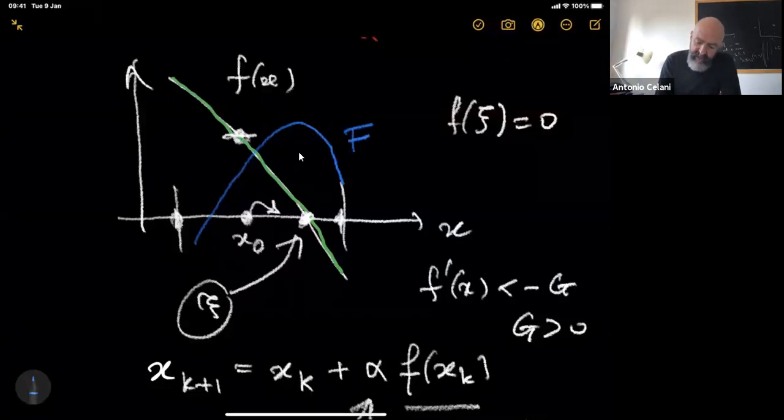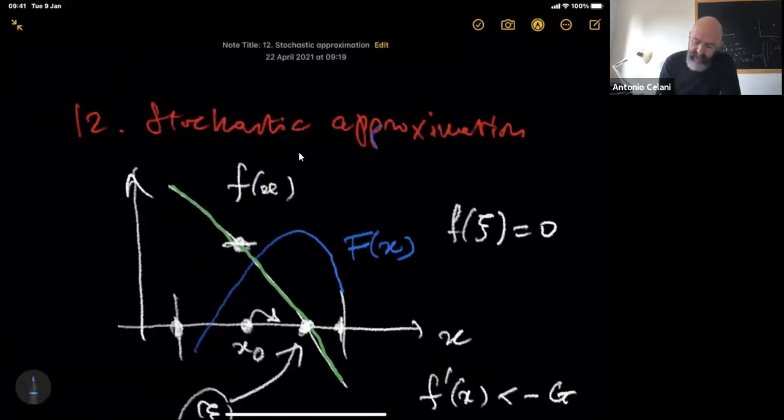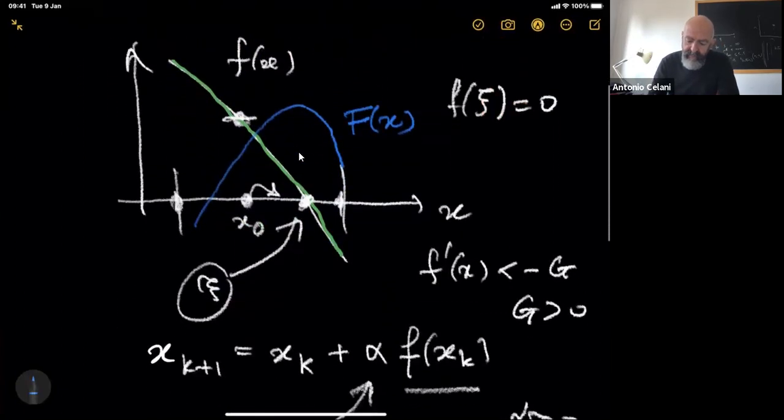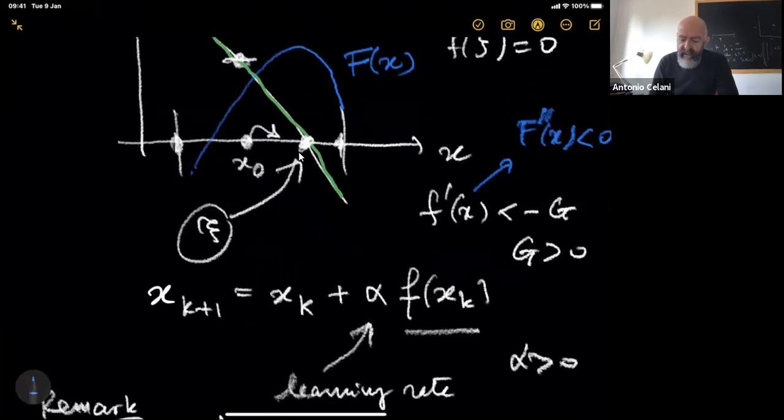So if I have to plot the function capital F, it's going to be something like this. This is my capital F of x. So this condition here becomes the second derivative of F strictly negative. Okay. So, and what does this algorithm become? Well, small f is F prime.